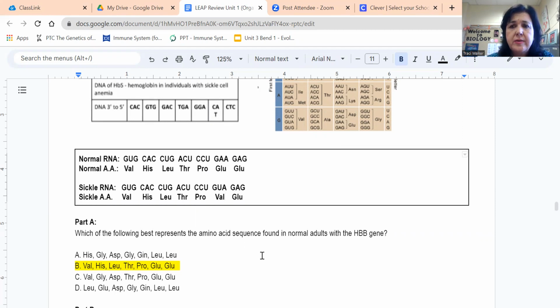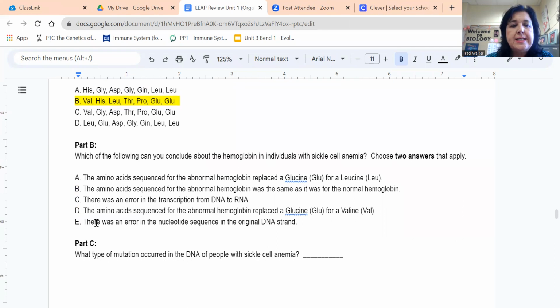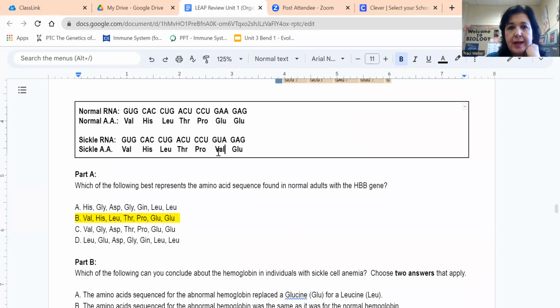Okay, so let's read the rest of our choices because it looks like that might be the right choice, but let's read the rest of them. D says the amino acid sequence for the abnormal hemoglobin replaced a glutamine for a valine. All right, so let's look at what we did here. Oh, that's what happened.